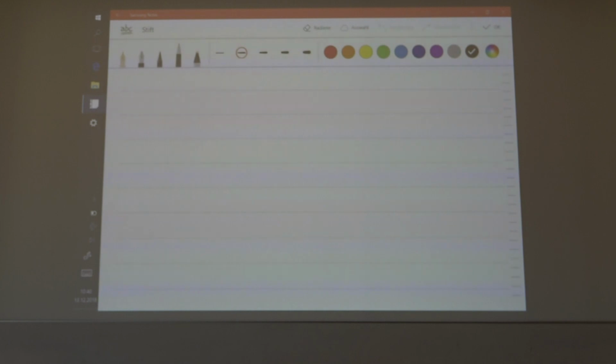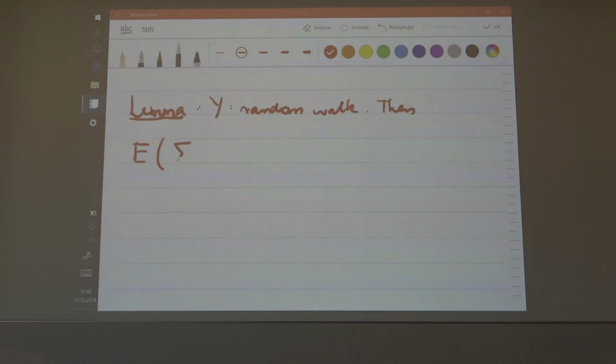Now let's have a look at certain properties. This is going to be summarized by the following lemma, so I will add this here. Suppose that y is a random walk, no drift here. Then the expectation of the following sum: I add up the process starting at t equal to 1 until capital T, taking the sum of the squares.